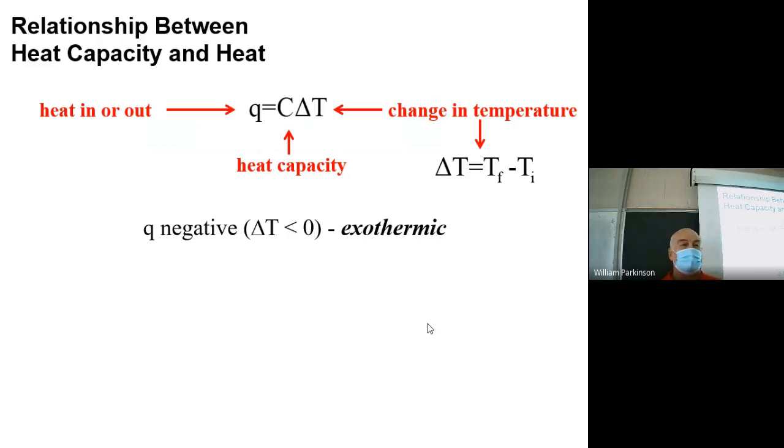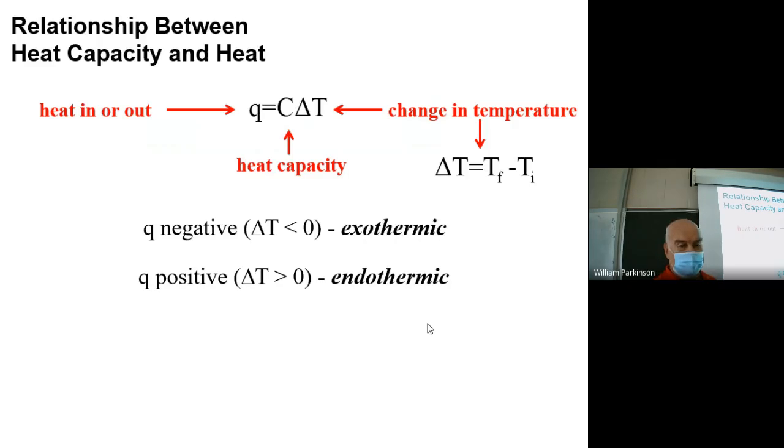So if TF is less than TI, delta T is negative. So if delta T is negative, that goes hand in hand with Q being negative. So when a process is exothermic or releases heat energy, its final temperature is lower than its initial temperature, its delta T is negative, and its Q is negative.